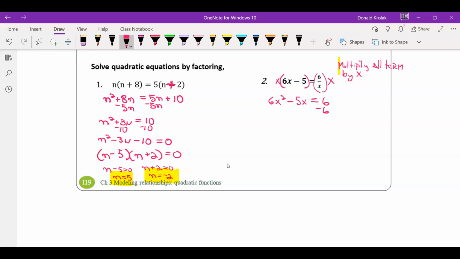Okay, move the sticks over. Minus 5x minus 6. So 6x squared.